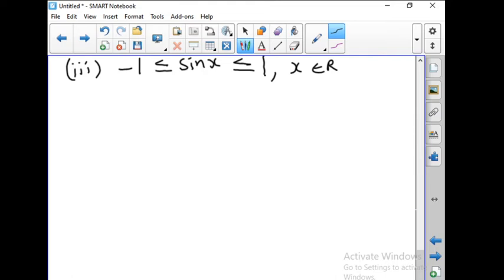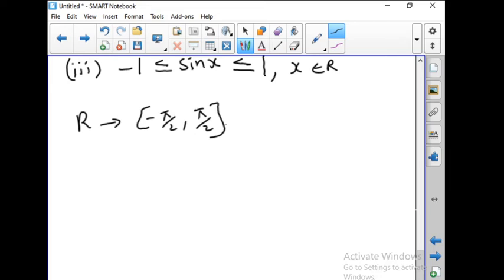The horizontal test is a tool to decide the one-to-one status of a function. Therefore, the domain of the sine function is restricted from R to minus pi by 2 comma pi by 2. So then the sine function becomes 1 to 1 and onto, that is a bijection with range.